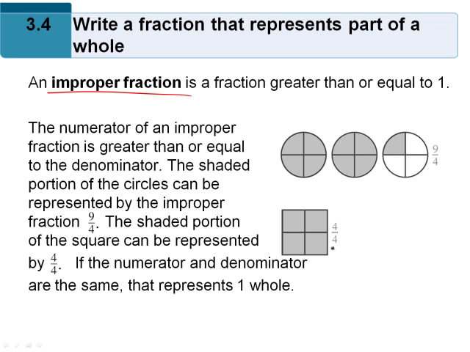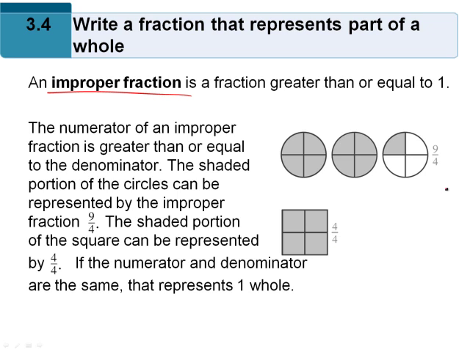So if you were asked whether 4/4 is proper or improper, it's actually improper. Most improper fractions that you think of have a denominator that is smaller than the numerator, but if you saw something like 5/5, that is considered an improper fraction.